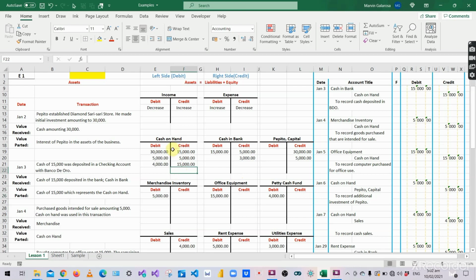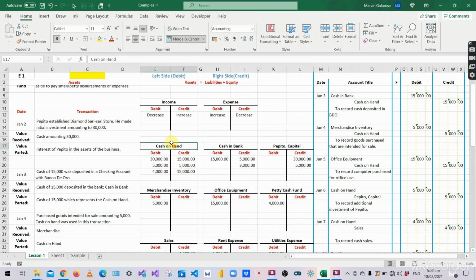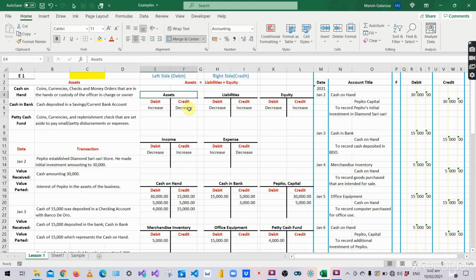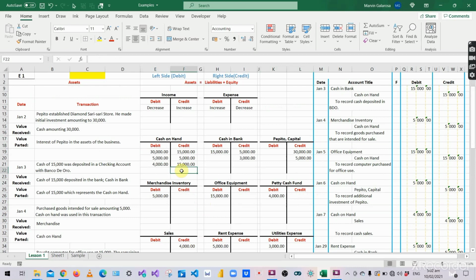Accordingly, nabawasan naman natin yung cash on hand. Yung remaining na cash on hand, yun yung ginamit para mag-set up ng petty cash fund. Since si cash on hand ay isang asset, and ang decrease or bawas sa asset is recorded sa credit side, lagay natin yung 4,000 pesos under ng credit side ng cash on hand.